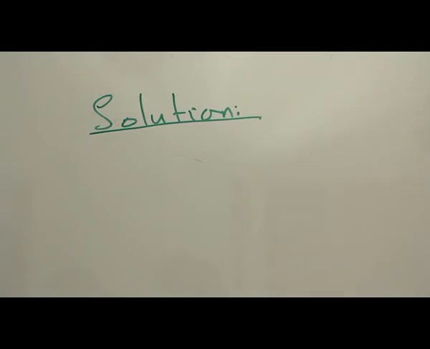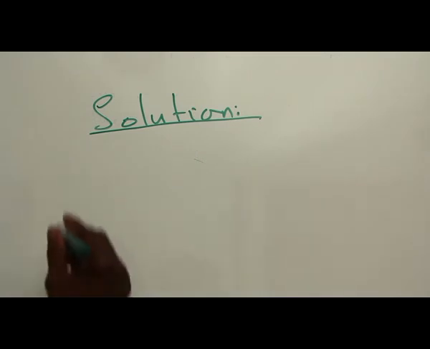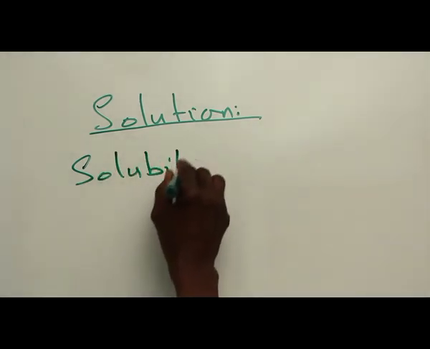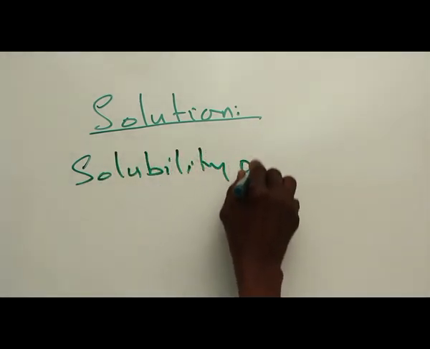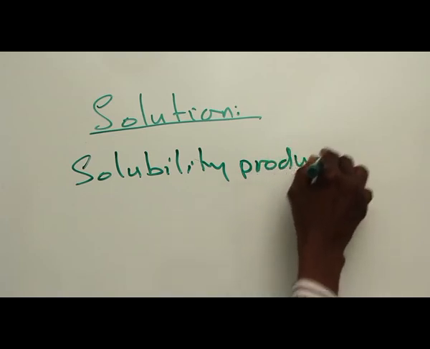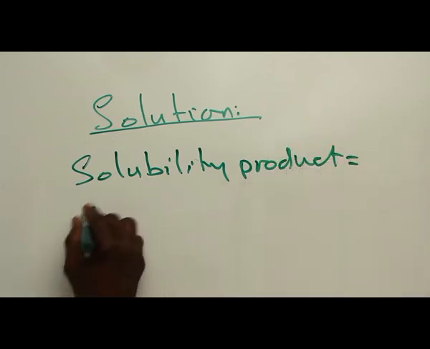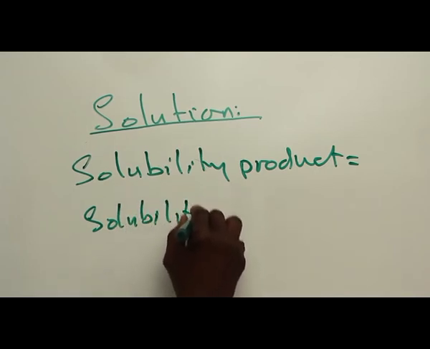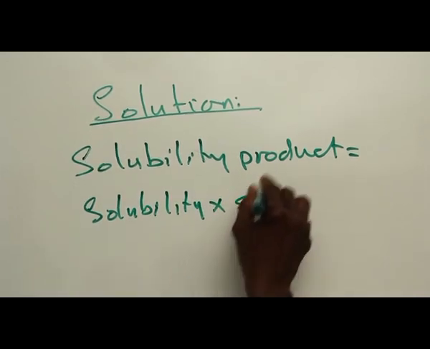Solution to example number 4. Now, solubility product simply means solubility multiplied by solubility.